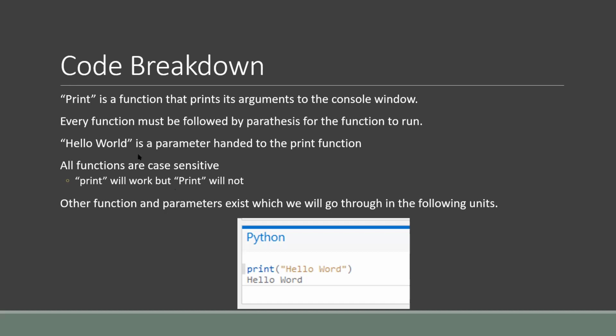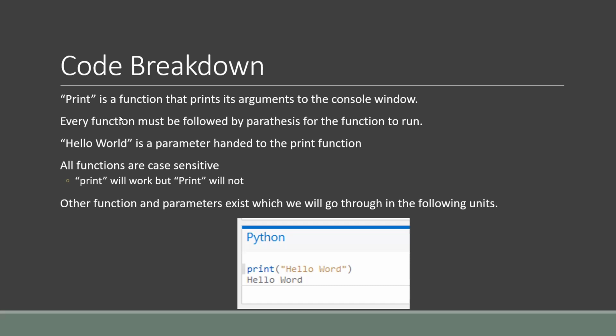So you have the first line, so your print here is what is called a function. A function does some sort of action. In this case, the action is it prints something to your command line or whatever your interpreter is.